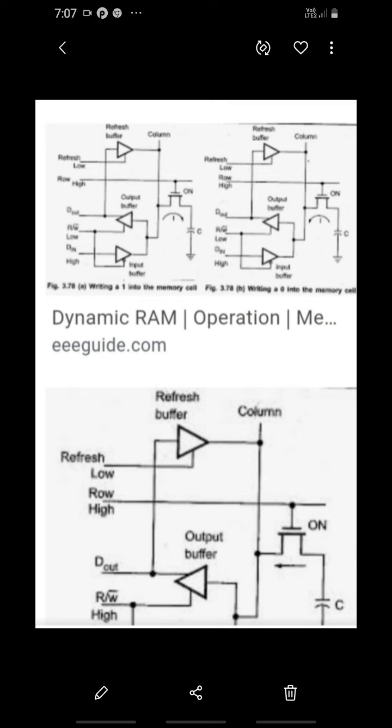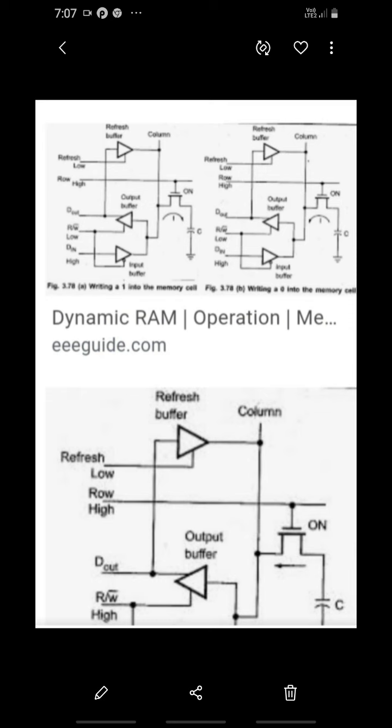In this type of cell, the transistor acts as a switch. The basic simplified operation is illustrated in the above PPT.